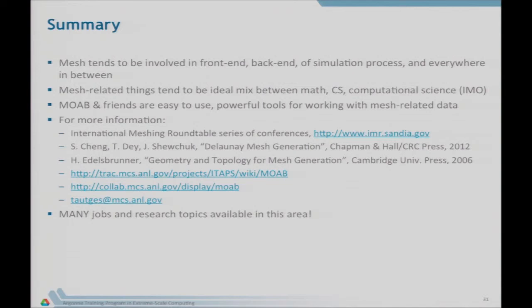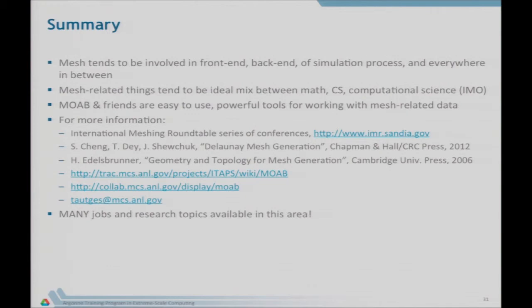In terms of student-y things, mesh-related things tend to be an ideal mix between math and CS and engineering or applications. And so if you feel torn between those three places, maybe working on mesh-type stuff is the thing for you. MOAB and friends are easy to use and powerful tools for working with mesh-related data, but that's my opinion, and you're welcome to form your own in the exercises.